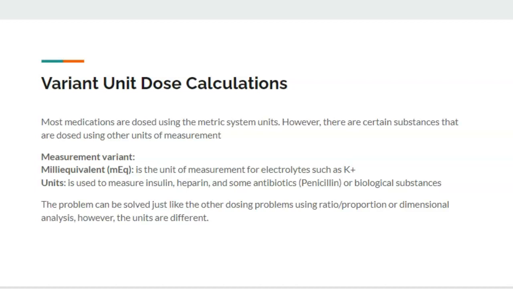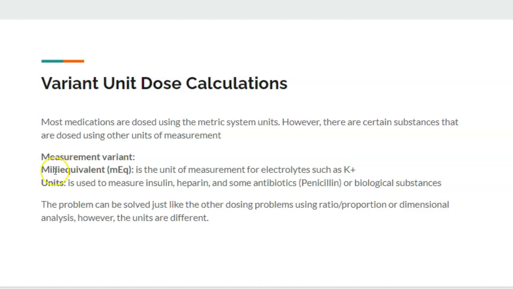So variant units. Usually you notice we've been working with milligrams, grams, milliliters. That's usually what we calculate most of our medication doses in. However, there are some medications that have different units. We don't do math any different. The math stays the same. The units are different. And I just want to point that out to you so you don't get confused.